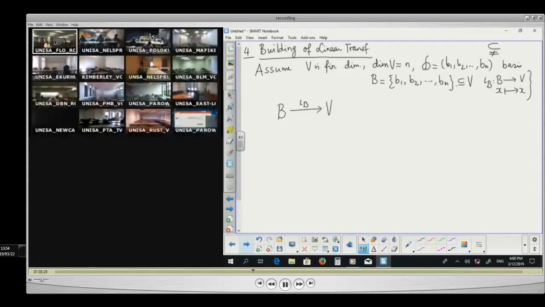V is finite dimensional given, and I give you any vector space and a function F. You told me just now, giving a function from a finite set is not difficult. You just tell me n vectors, F of B1, F of B2, and so on. Clear?